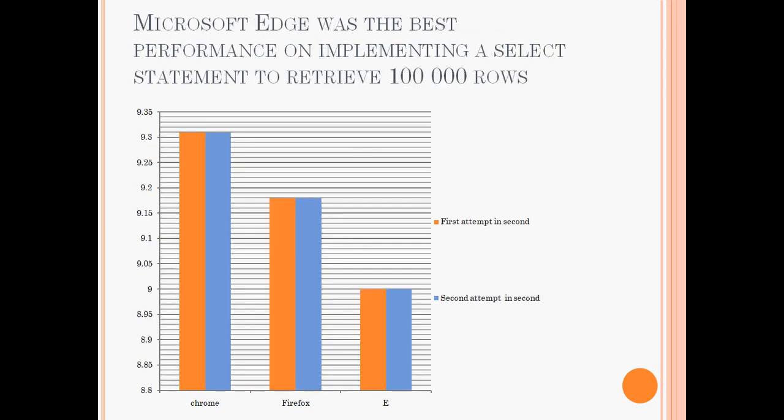Microsoft Edge had the best performance on a select statement to retrieve 100,000 rows, and in the chart you will see Microsoft Edge took 9 seconds in the first and second attempts to implement a select statement to retrieve 100,000 rows, and this is too big a database, and the maximum statement is 100 rows.